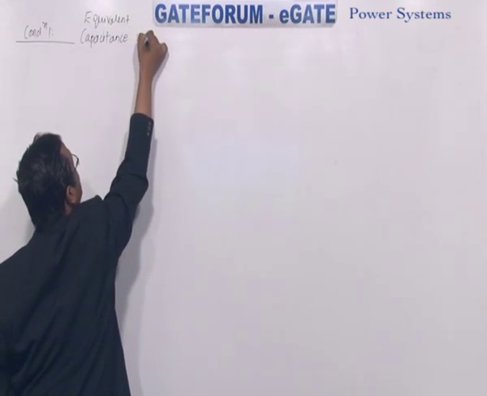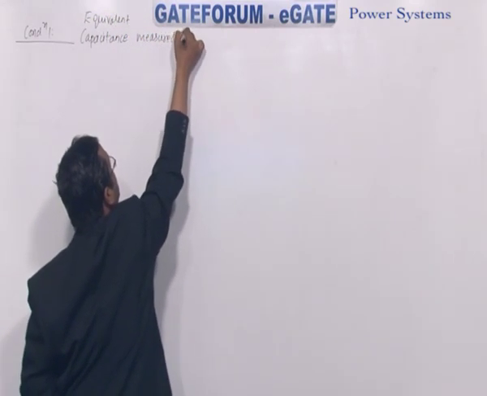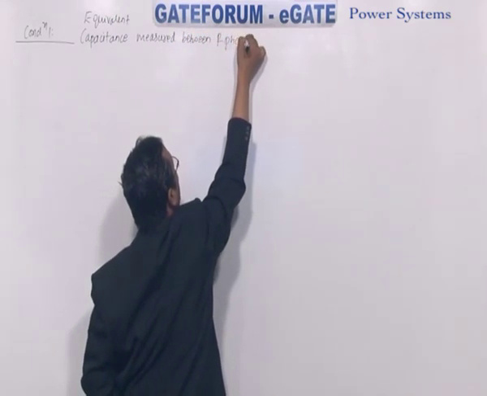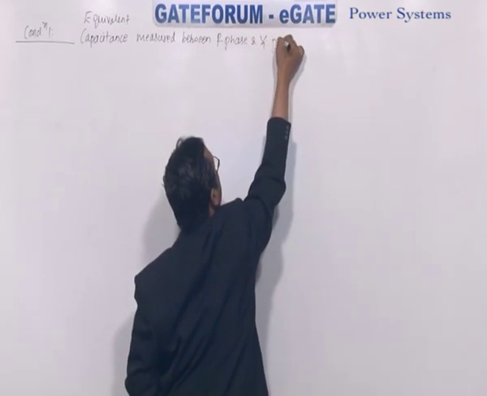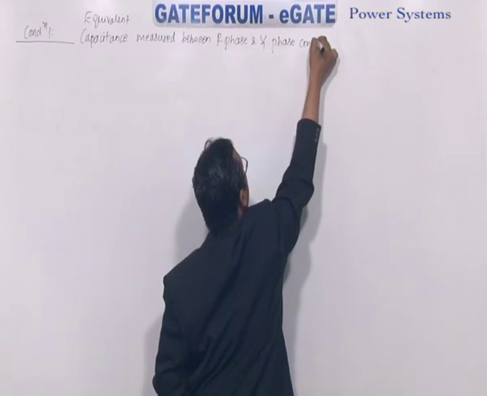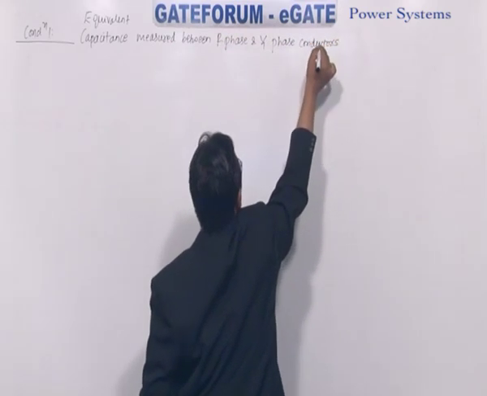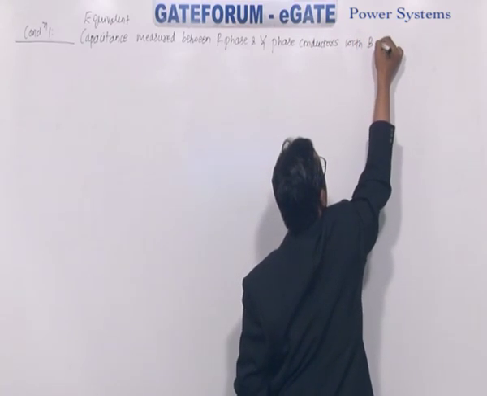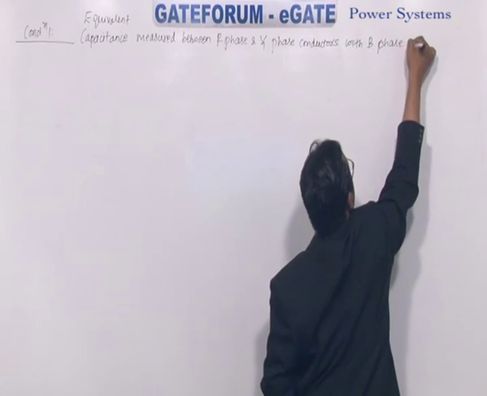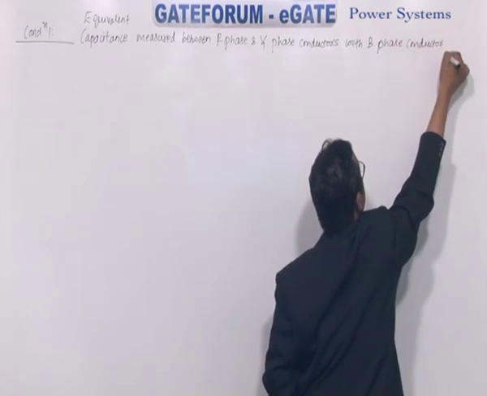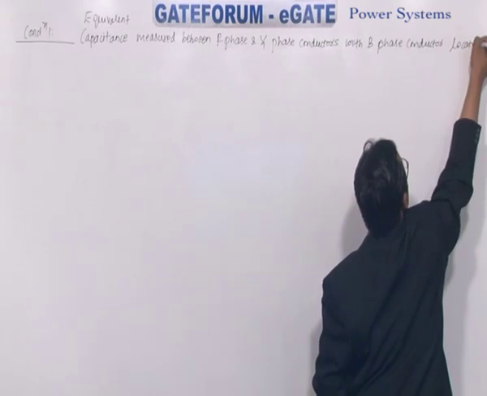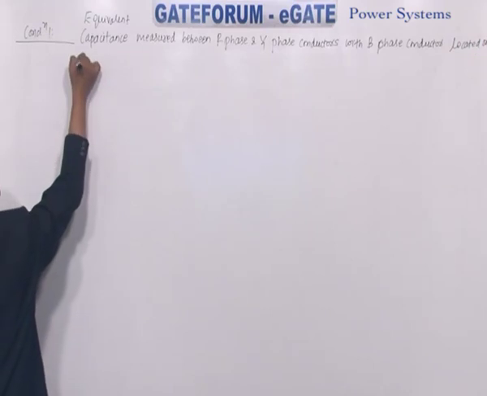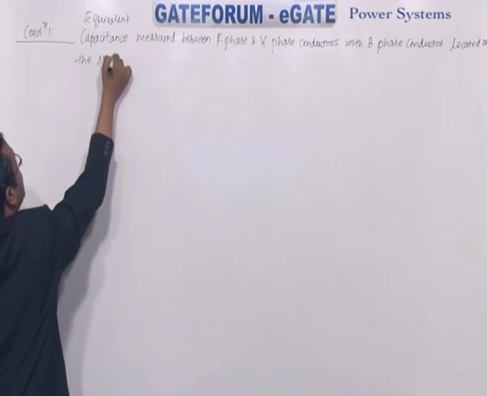So equivalent capacitance measured between R phase and Y phase conductors, further is with B phase conductor located on the sheath.